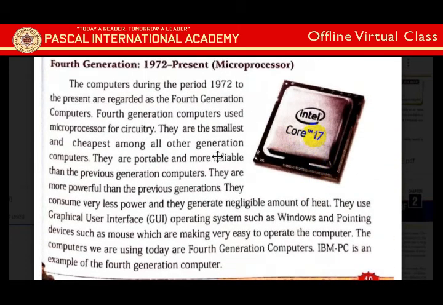Intel Core i7 is here, released up to i7. The microprocessor, devised in 1972, is kept in every computer till now. Clear? It was devised 50 years back, and we are still using it. Why are we still using it? Because it is very powerful.